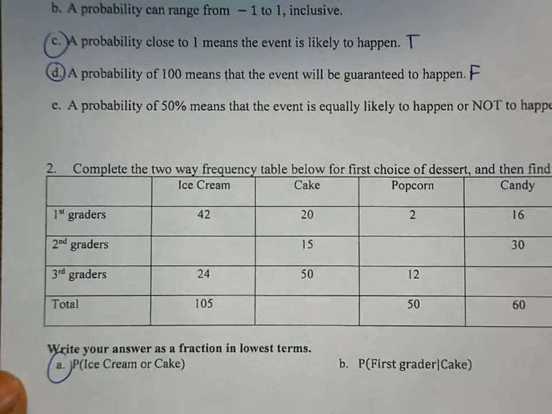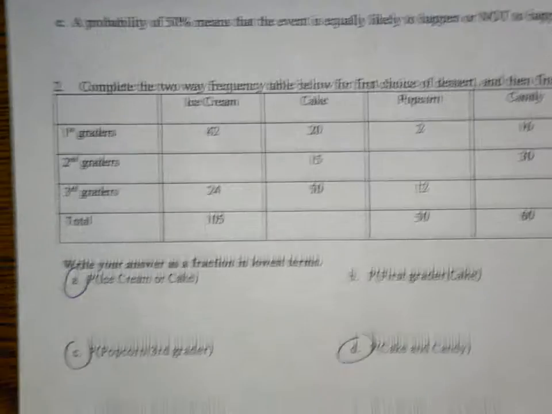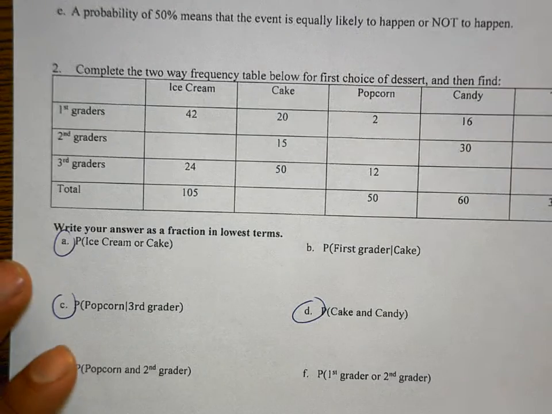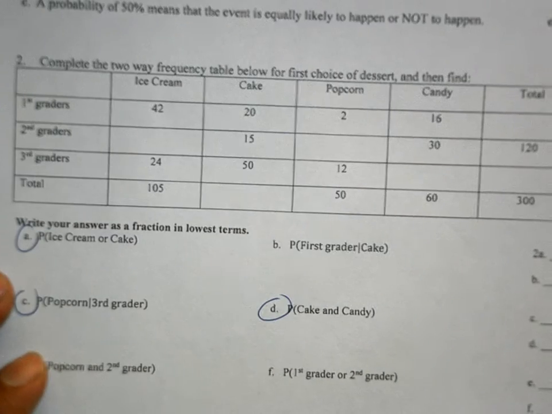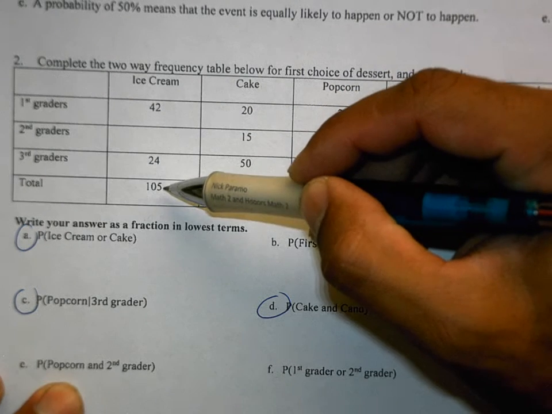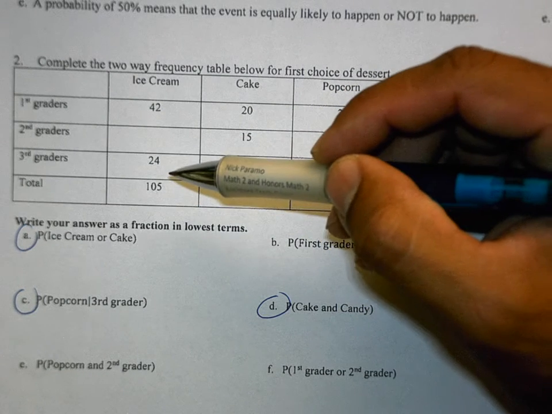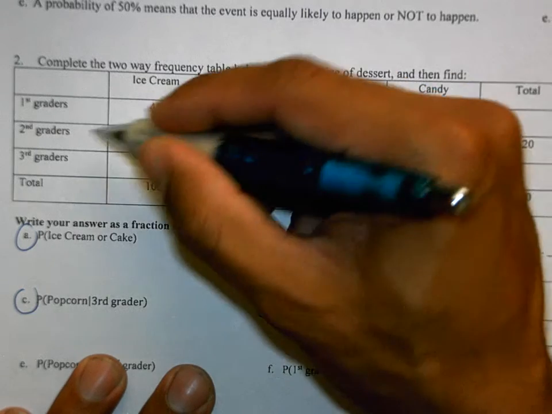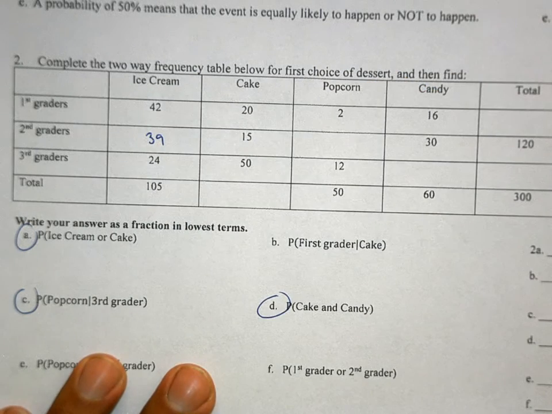Then what they're going to do on number 2 is they're going to have a chart that is not completely filled out. You're going to have to do some addition and subtraction to figure out what goes in there. This plus this plus this should equal a total of 105. If you're working out that problem, you'll figure out that there are 39 second graders who like ice cream.